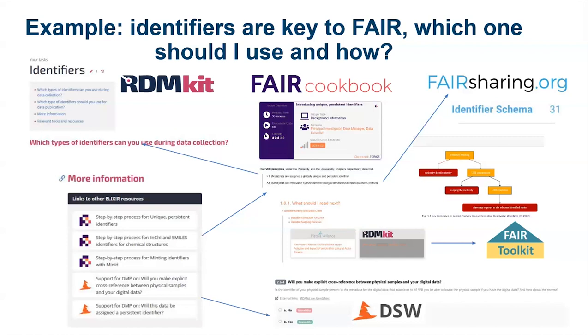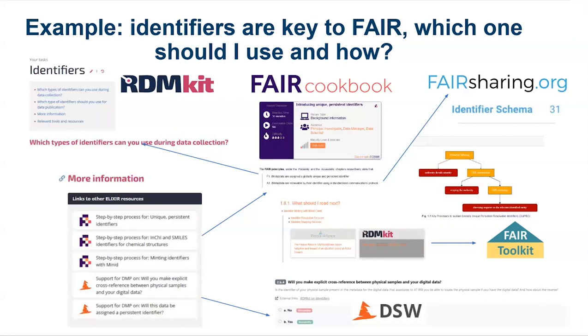That section will have more information that points both to the FAIR Cookbook as well as to the Data Stewardship Wizard. In this case, it will point to the FAIR Cookbook recipe on identifying the right persistent identifiers, and at the same time it will also point to the FAIRsharing site, because there we list identifier schemas, and therefore there you will also know which identifier schema are used by which repository, as the connection that FAIRsharing makes.